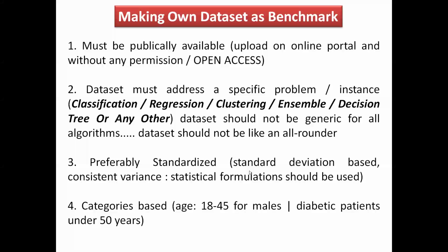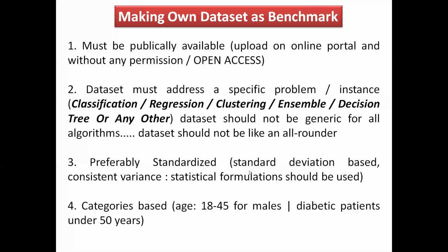So standard deviation in parameters, in attributes. If your data set is related to males or females, it should be dedicated to particular category. Okay, this age group, this gender, this disease, this height, this weight. Okay, only slightly variation can be there. Okay, very slight change can be there.